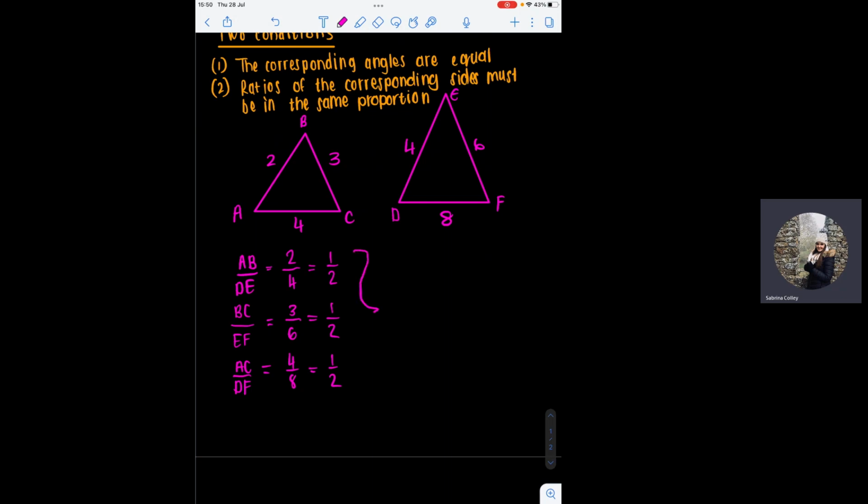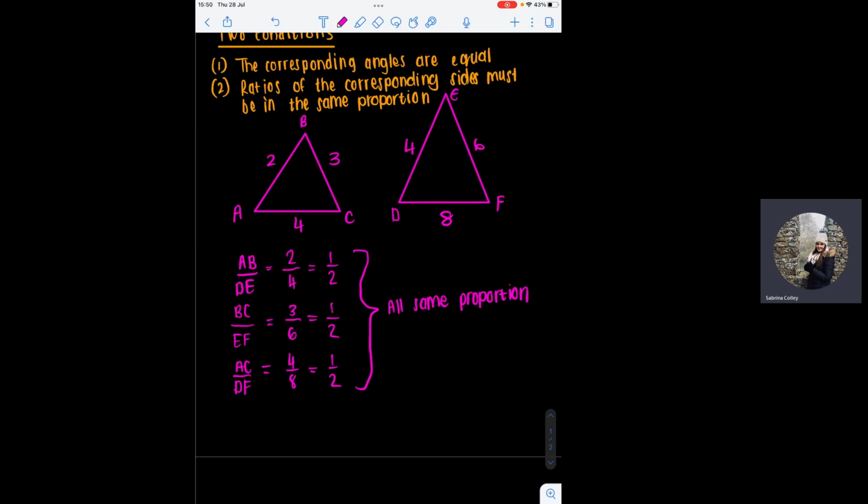So the fact that these sides are all in the same proportion, I can say that these two shapes are similar.